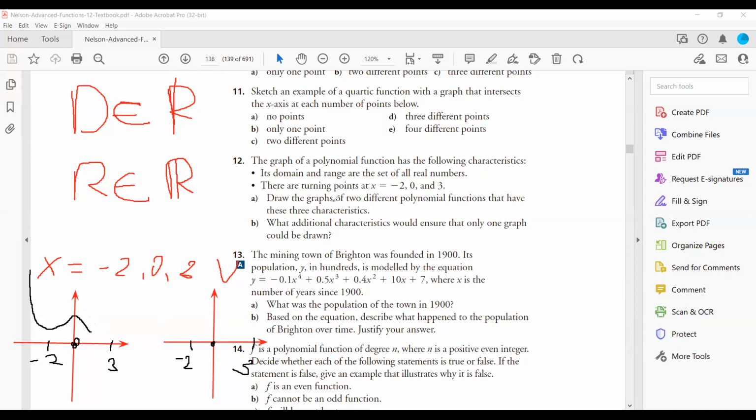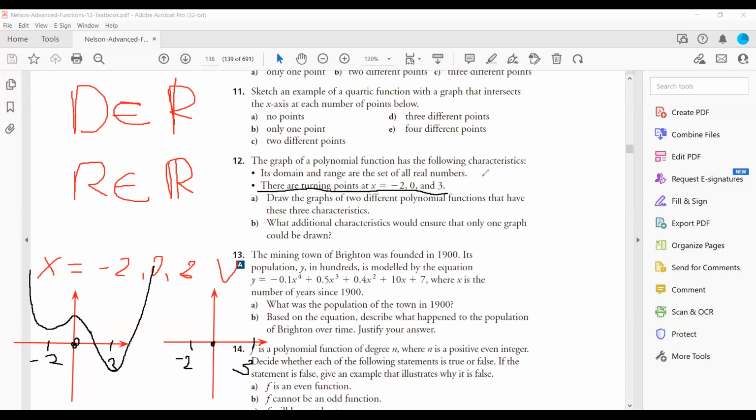I'm kind of confused right now because it says that its domain and range are the set of all real numbers, meanwhile there are 3 turning points. And if we have 3 turning points, it means that no matter how hard we try, we will end up in the same infinity region, whether plus or minus. So I made a mistake.